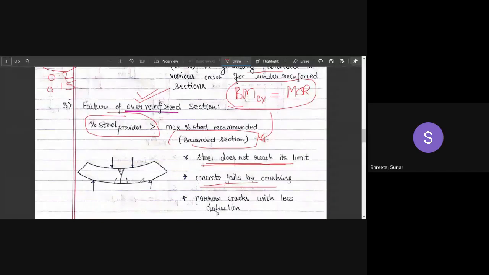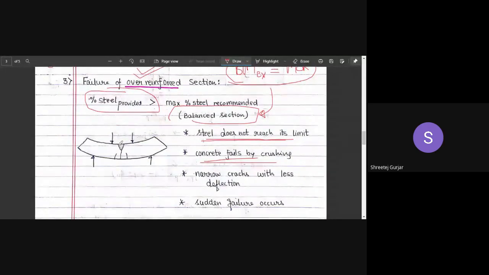You can see over here, concrete will fail by crushing at its compressive face, and narrow cracks will appear, with less deflection. Your beam will not deflect much, and only a small amount of cracks are seen. Neither deflection nor cracks are seen.